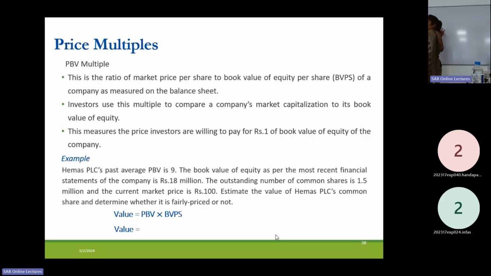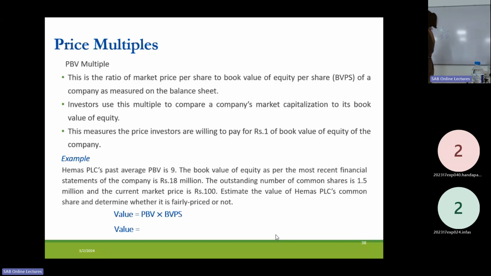Equity divided by the number of shares. From the balance sheet you take total asset book value minus total liabilities, so the balance is equity. This is divided by the number of shares of the company. So that is the book value per share.